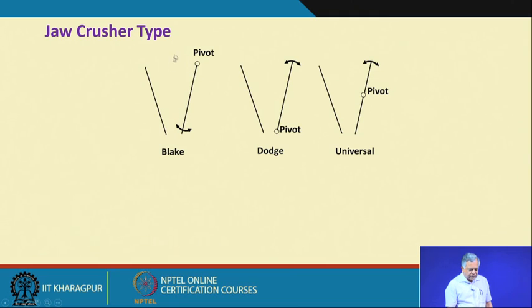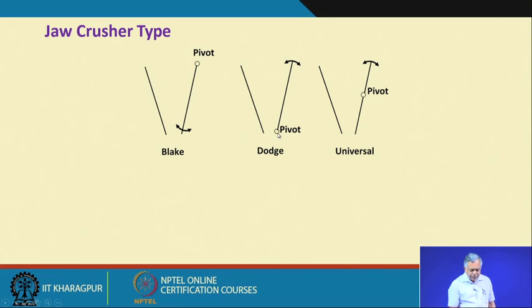Here you have got a wide size distribution of the product, because you cannot control the product size distribution so closely, and normally it is used in industrial applications.